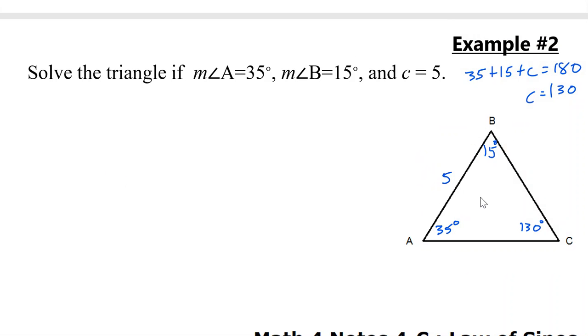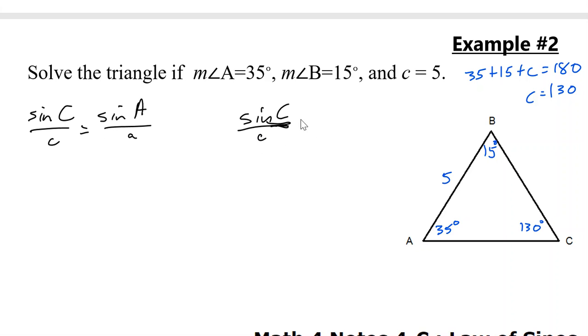Because the side that we have to work with is opposite C, that means we're going to be using sine C over c in both of these. And we're going to use sine C to figure out what little a is and what little b is.